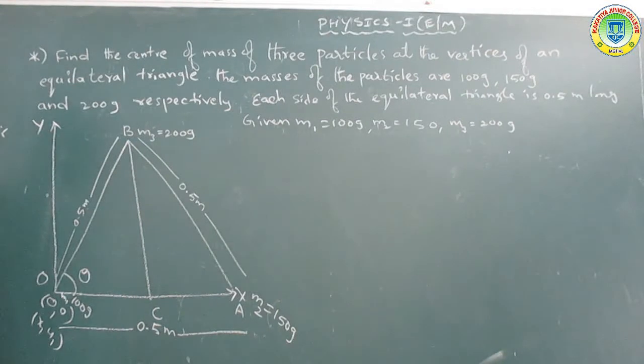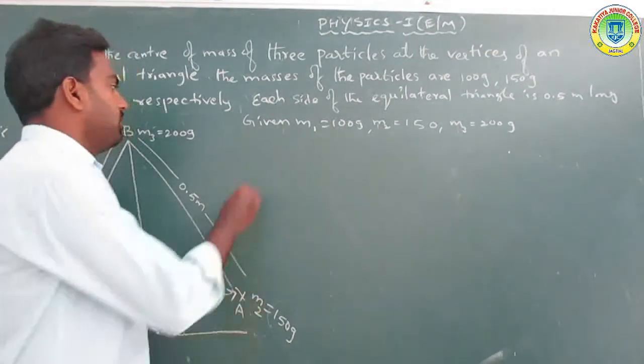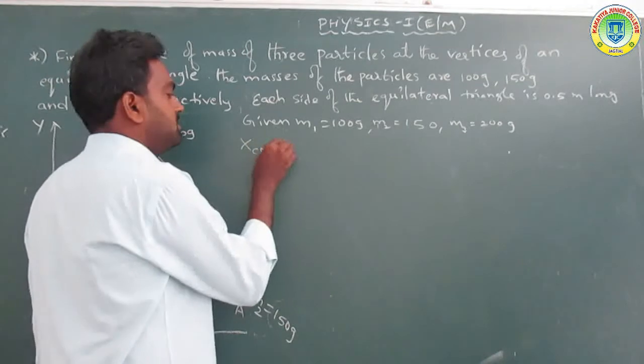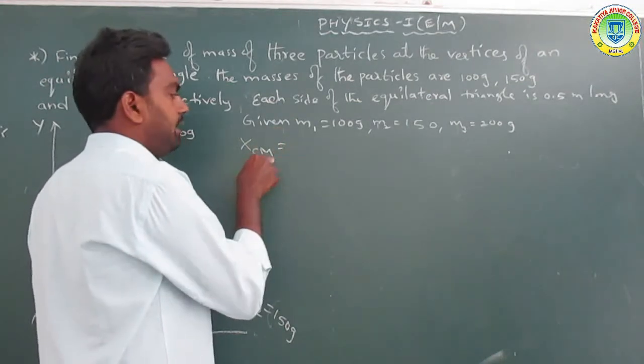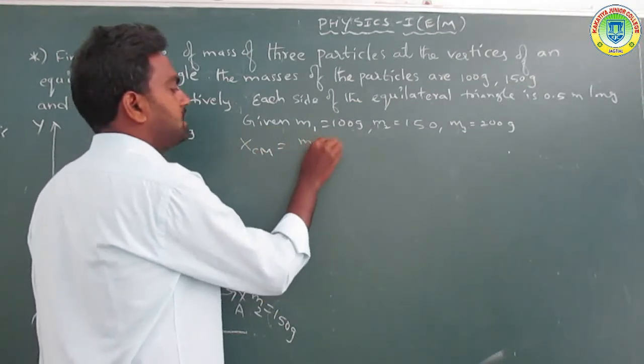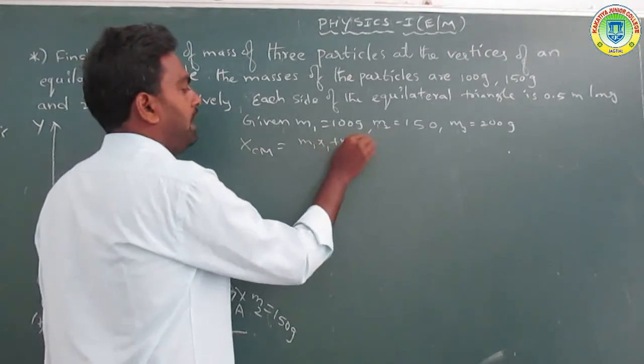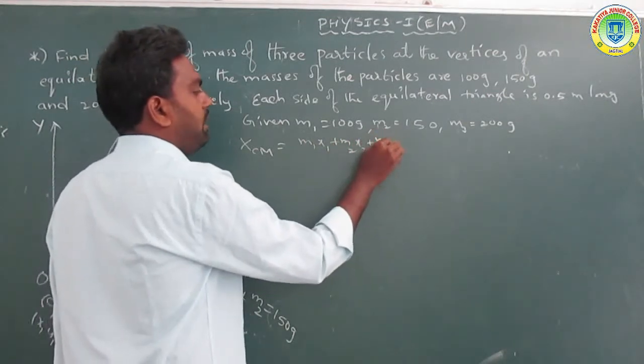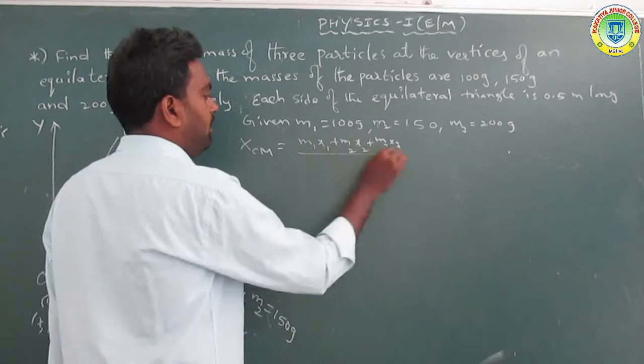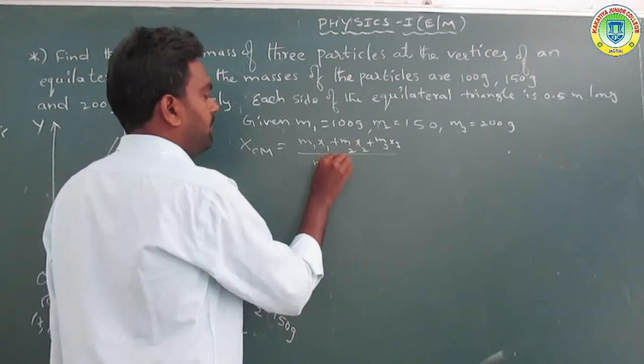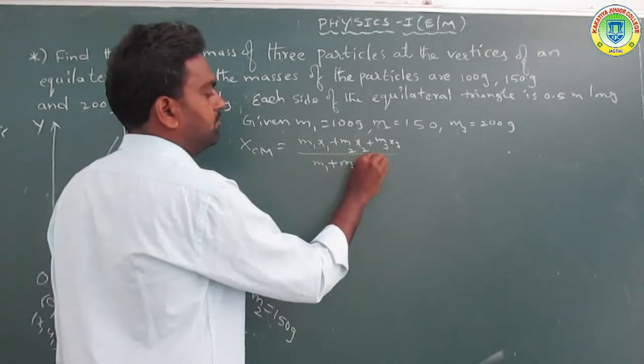Now find it using the equation. XCM is equal to M1 x1 plus M2 x2 plus M3 x3, divided by M1 plus M2 plus M3.